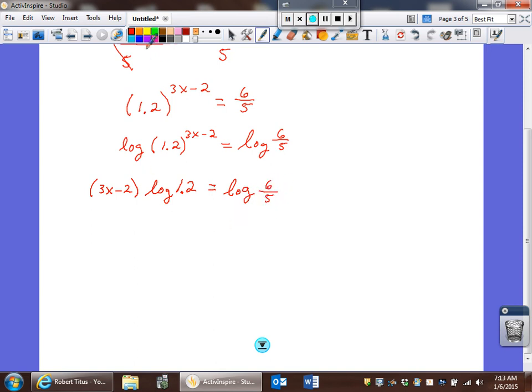I'm going to change colors here, do what we did before, which is distribute the log of 1.2. So we got 3x is going to multiply the log of 1.2 minus 2 log of 1.2 is equal to log of 6/5.